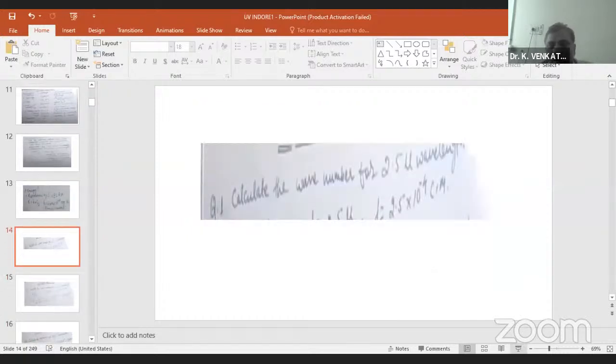So now please calculate. Please take paper and pen. Calculate the wave number for 2.5 micron wavelength.